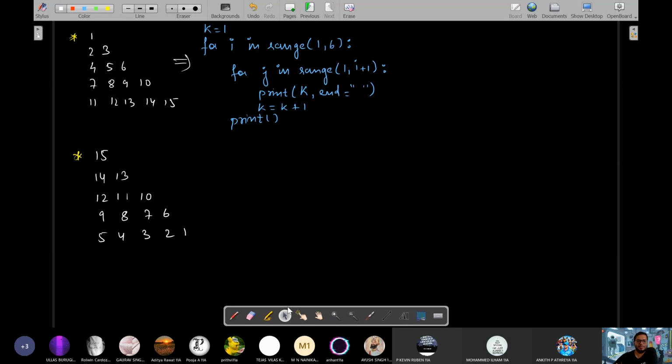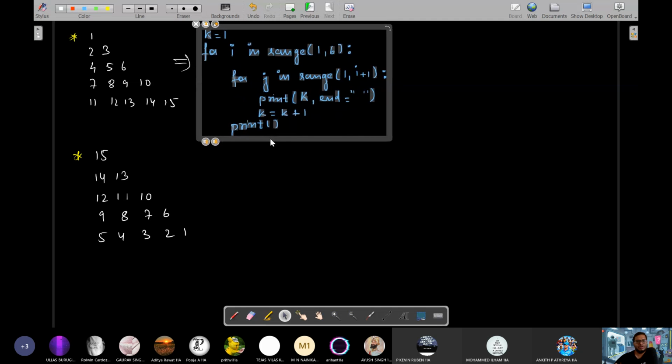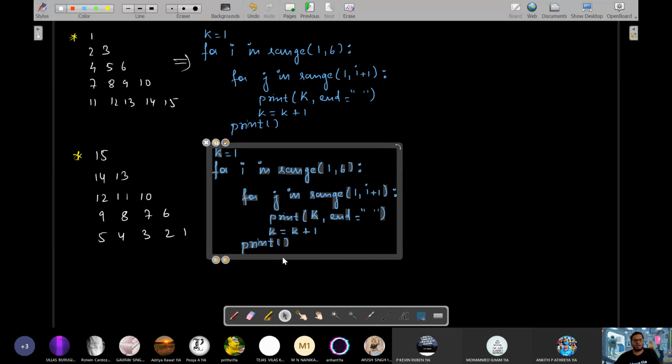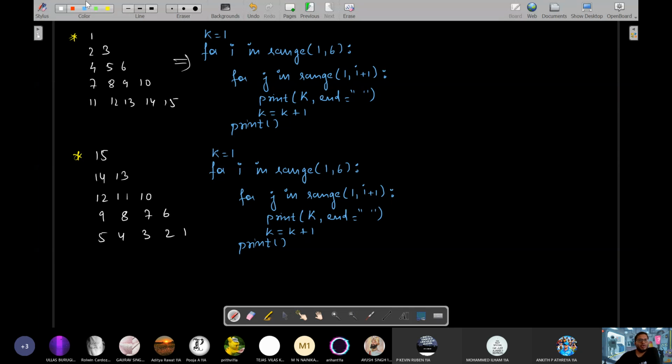The structure will be the same here, but K will start printing from what value? Look, I will write the answer to this too. So here everything will be the same, but here you will start printing from 15 and this will be K minus 1.